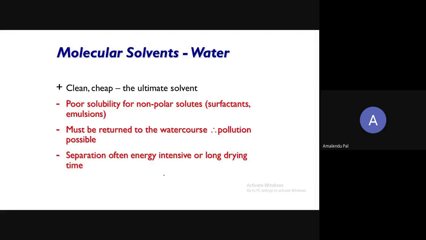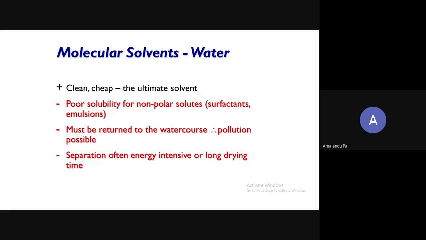Another one, molecular solvent, water. It is abundant, the ultimate solvent, clean, cheap. That is good. The problem is that we cannot use water all the time as a solvent because of poor solubility of non-polar substances. Surfactants or emulsions are not soluble in water.